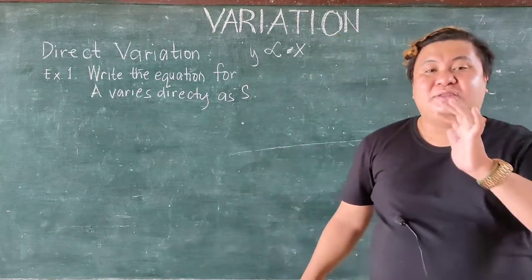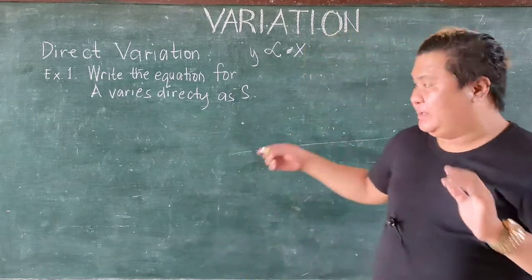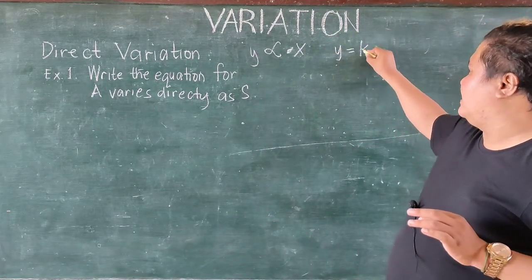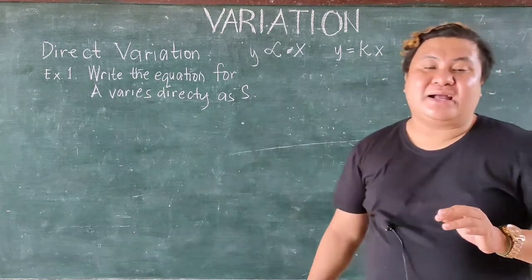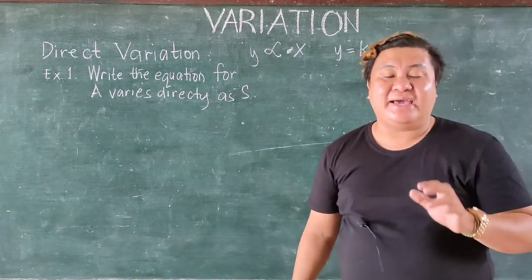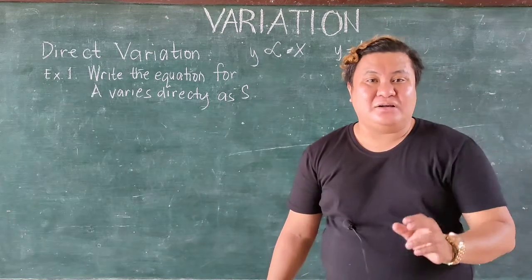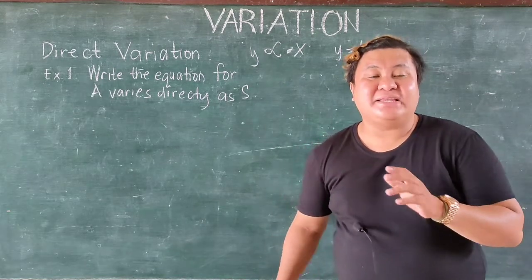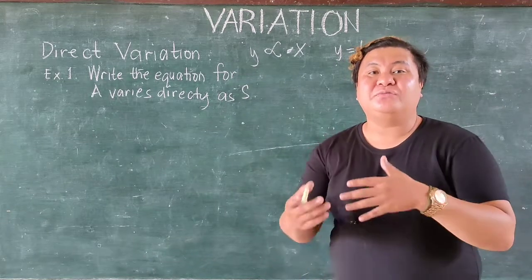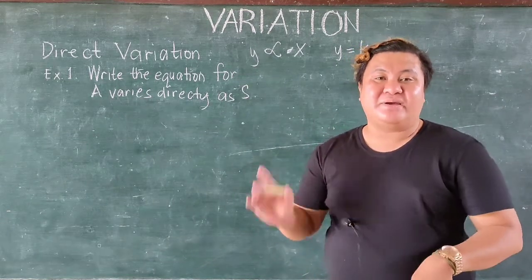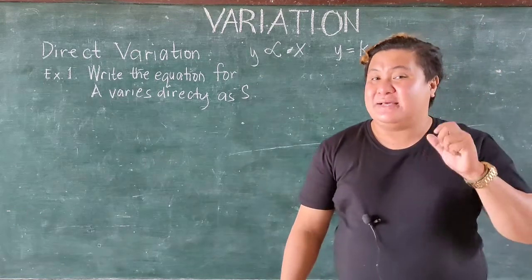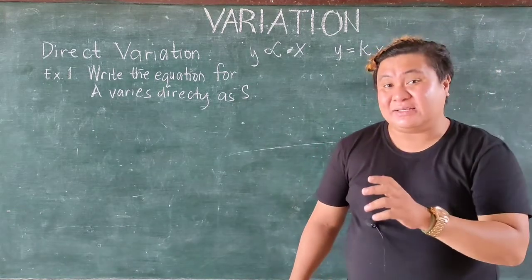Okay, so the formula for this is y is equals to kx, where k is the constant of variation. So if y varies directly as x, the formula is y is equals to kx.